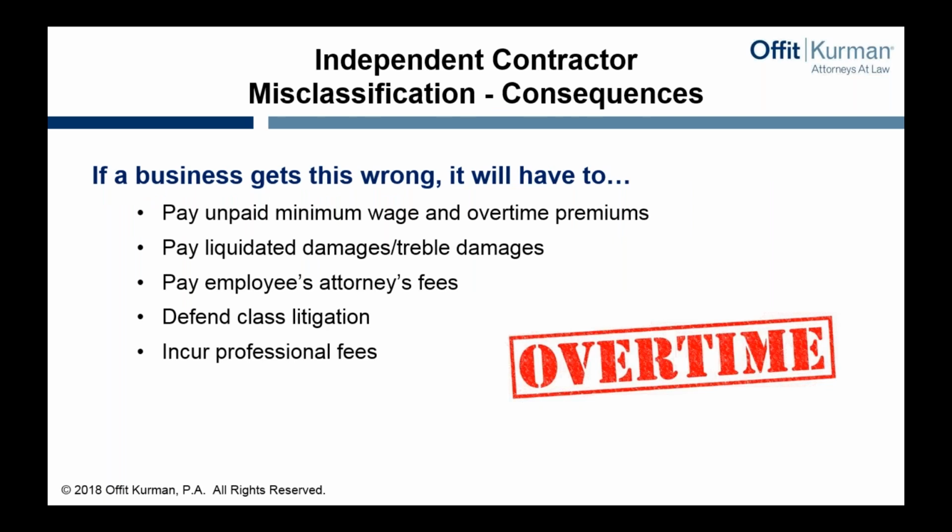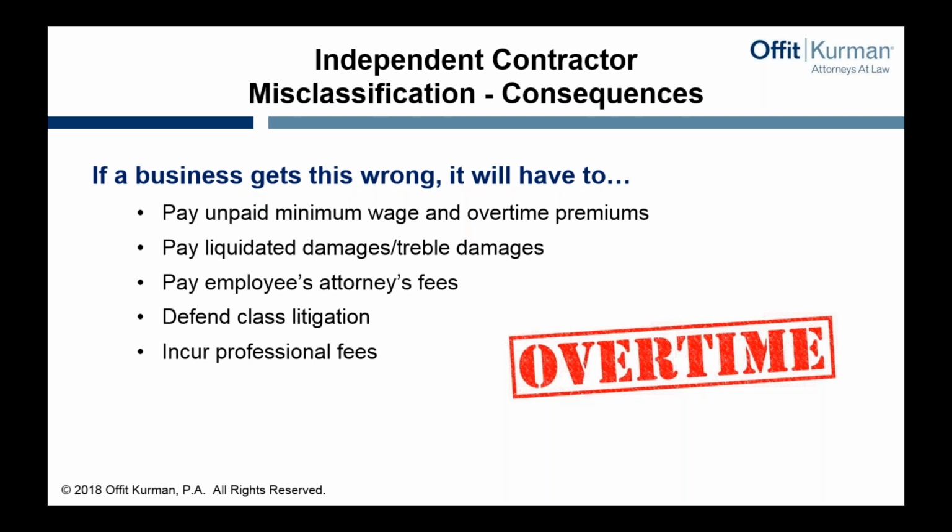All right, as I alluded to at the beginning with respect to the exemption classification, there's a similar consequence with respect to misclassifying someone as an independent contractor when they're actually an employee. You're going to have to pay any wages that are found to be owed. You could have that doubled or tripled.